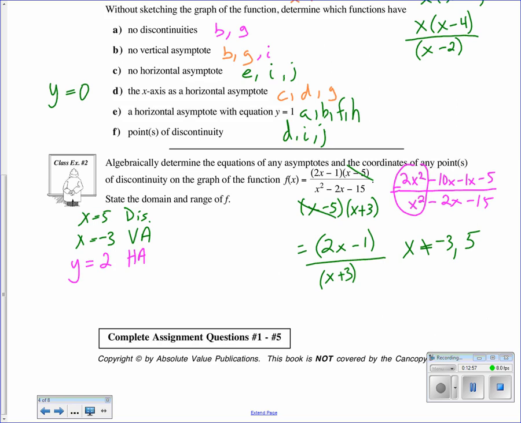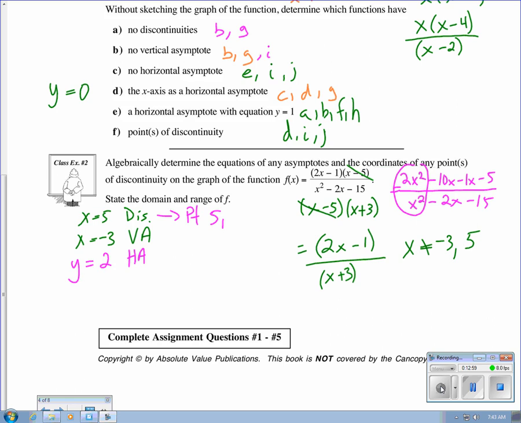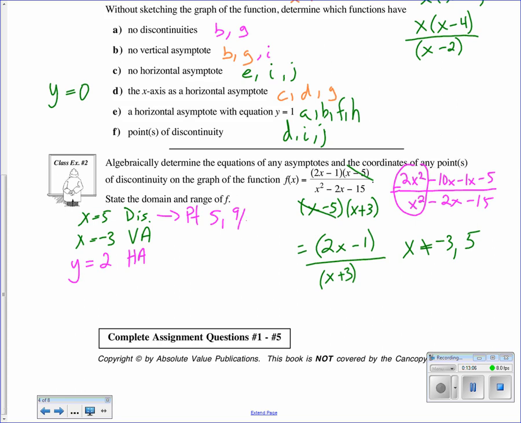And then I've got to take a look at the domain and the range. By plugging in 5 into the equation, I can figure out what the y value is, and that's 9 over 8. I identified my vertical asymptotes already. I identified my horizontal asymptote. Now I get to say that x cannot equal 5 or negative 3. X is still an element of the reals.